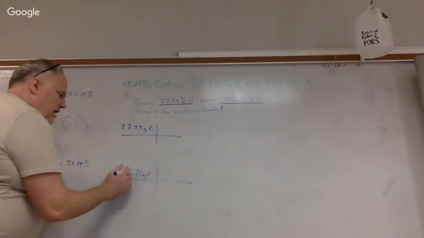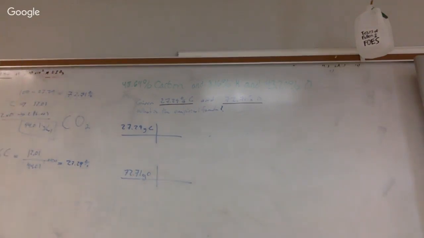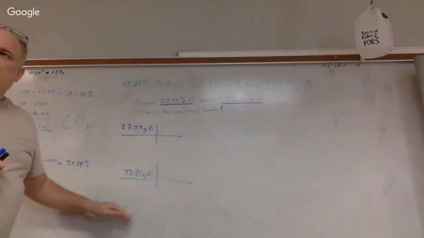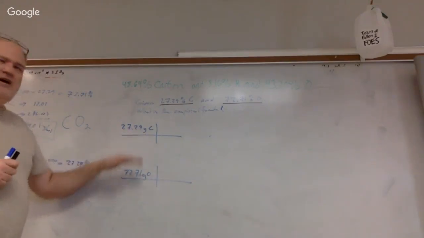Now, I want you to be aware. The majority of problems you're going to solve on the test, which you're going to have next class period on this stuff, are going to start you off with percentage. But if they start you off with grams, they've saved you having to convert from here to here. Whatever they give you in grams, you just start off with here.